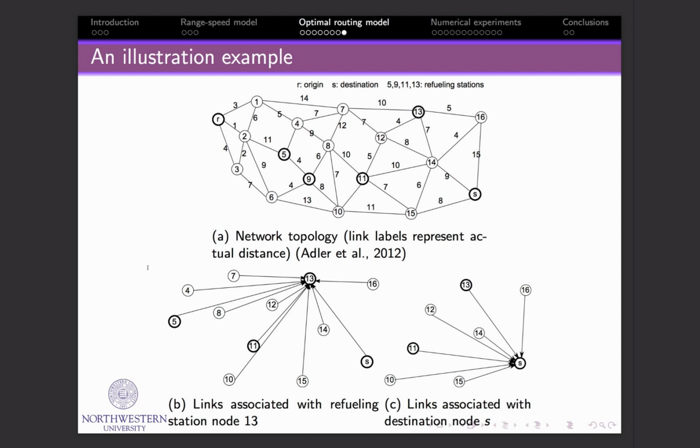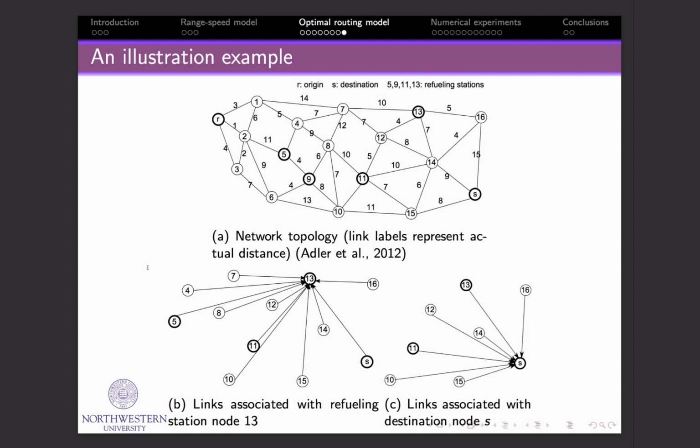We can see a link between node 4 and node 13 is created, which means the driver can reach node 13 from node 4 without refueling with a probability above the threshold, at least when the vehicle has a maximum range. Moreover, the link from node 4 to node 13 is a type 1 link, that is to say it is from a feasible node to a refueling node.